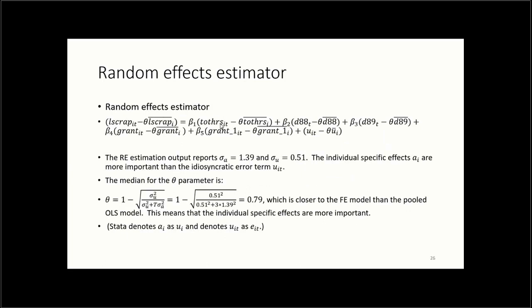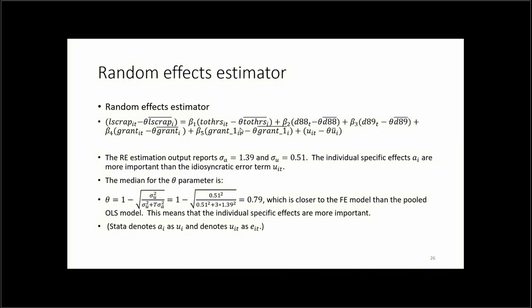So for our particular example, here's the random effects estimator, and this is the model that we would be estimating here. So notice that we would be estimating the coefficients that I'll show you on the next slide, but this theta also gets estimated and reported as part of the output.